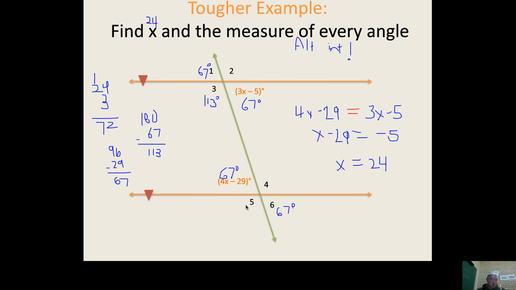And then angle 3 corresponds with angle 5, so they're the same. Angle 4 is alternate interior with angle 3. And angle 5 and angle 2 are alternate exterior.